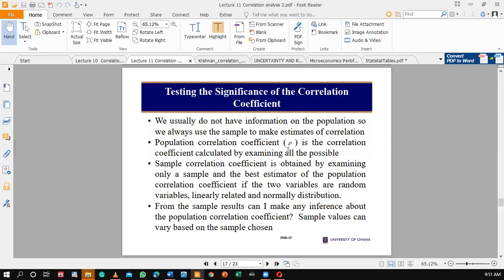But if rho is significantly different from 0, then it means that there's a relationship between the data, even at the population level. So we have to construct a hypothesis test to see whether we can use the sample correlation coefficient to make an inference about the population data.